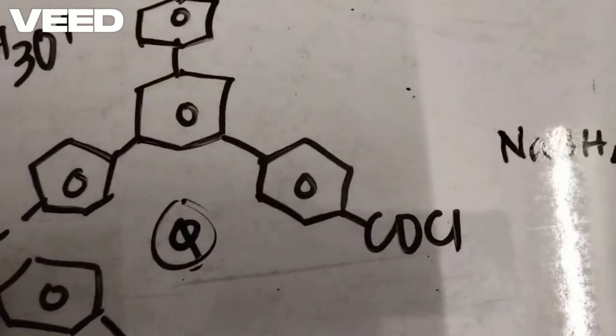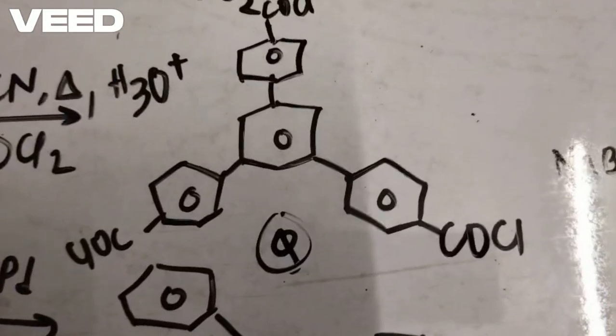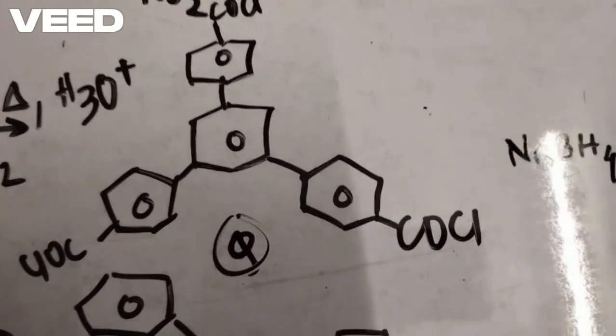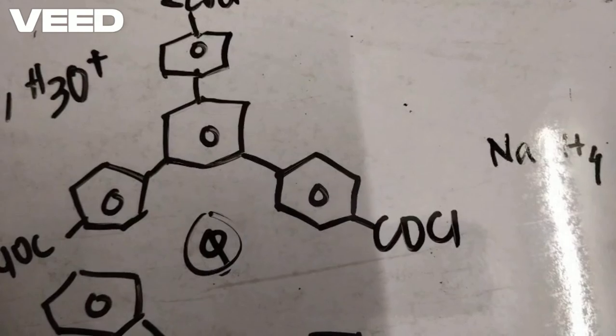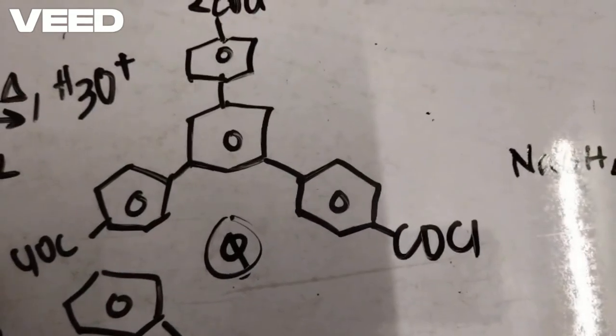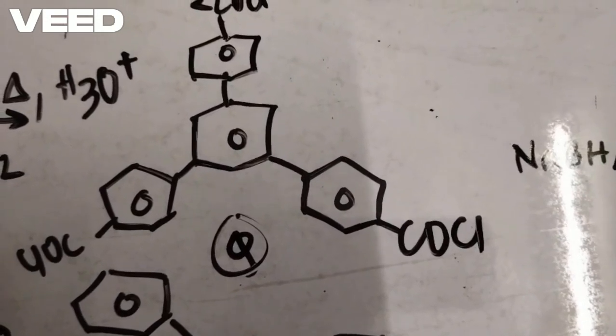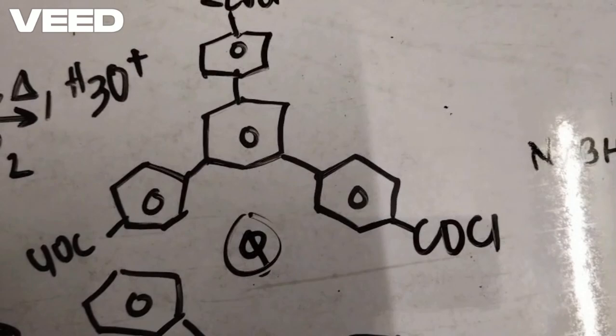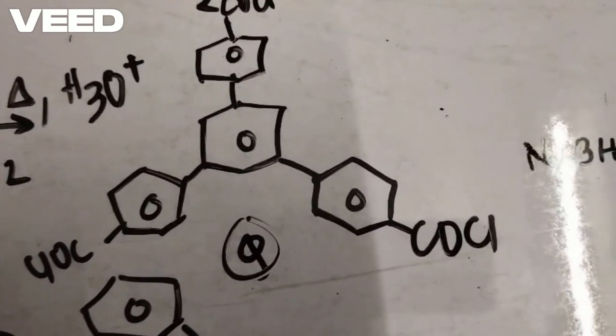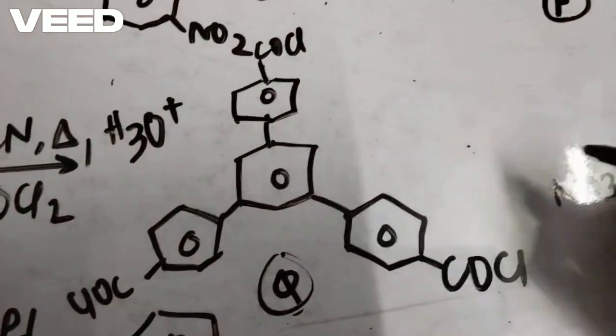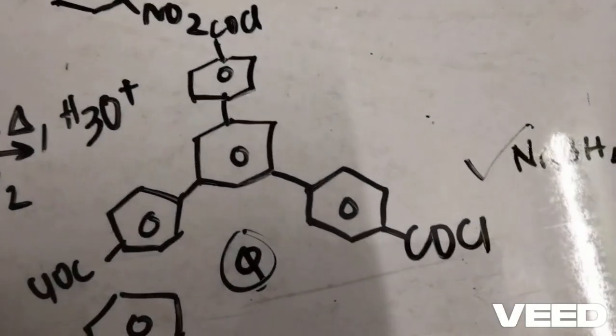Now the second option actually asks whether this compound can be reduced by NaBH4. Now for NaBH4, the reducing abilities are very limited, and it is restricted to the reduction of aldehydes, ketones, and especially acid halides. Therefore, compound Q shall be reduced by NaBH4.